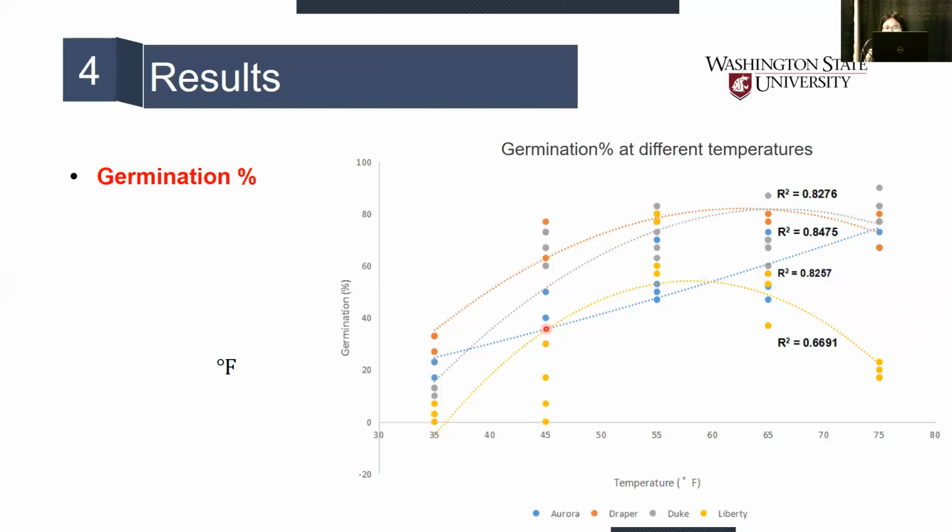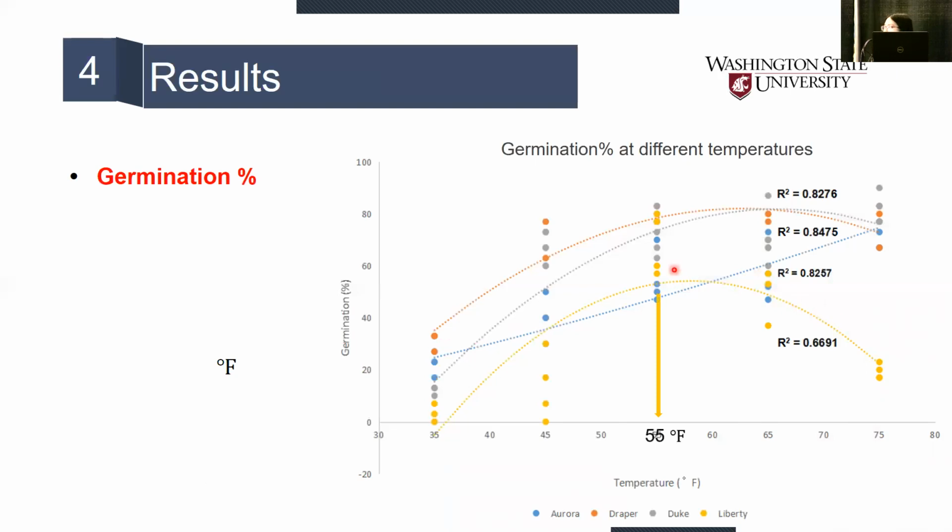This is the trend line of Liberty, and the peak is located at around 55 Fahrenheit. That means 55 Fahrenheit is the optimal temperature for Liberty to get a maximum germination rate.